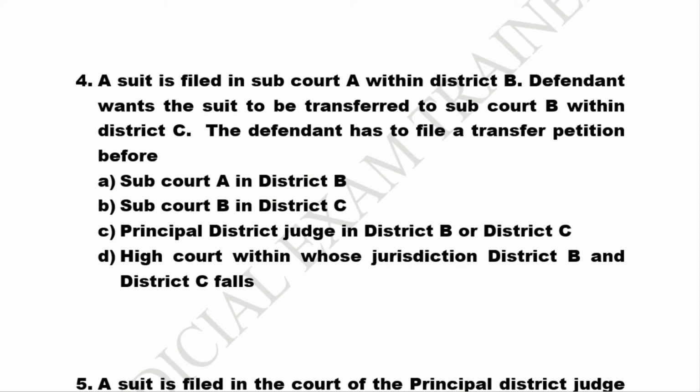A, Subcourt A in District B. B, Subcourt B in District C. C, Principal District Judge in District B or District C. D, High Court within whose jurisdiction District B and District C falls.